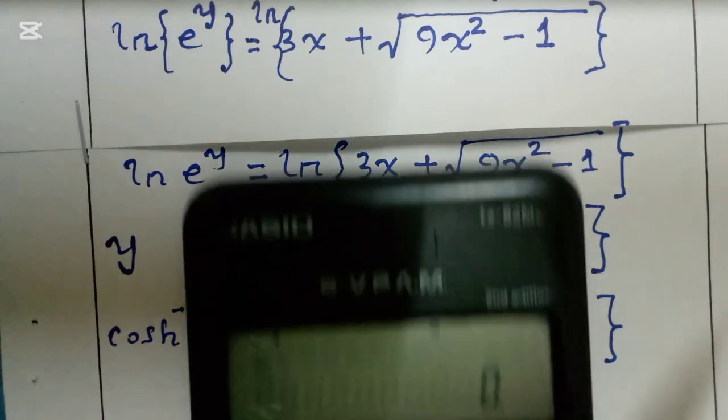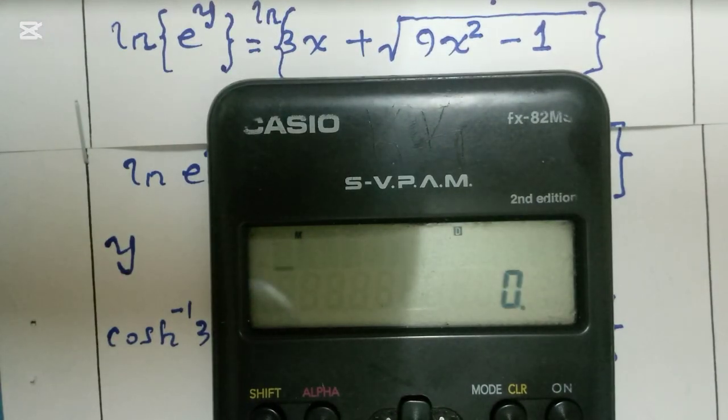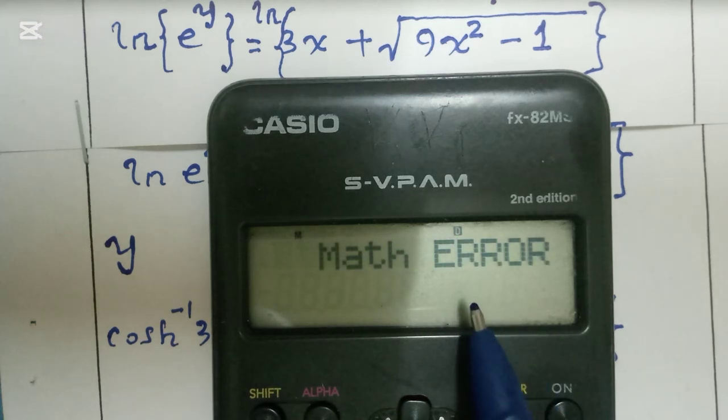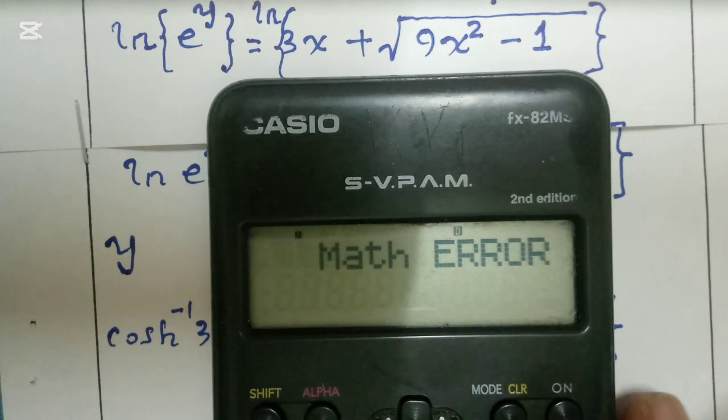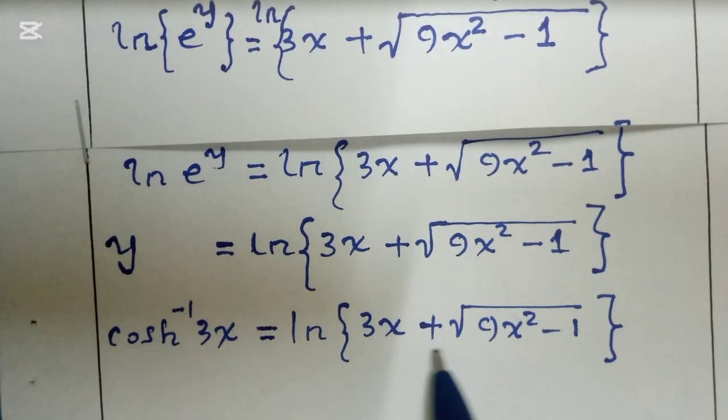For example, guys, we can have ln of a negative, let's say of any number, 0.5, and see what we shall get. Guys, you can see it becomes a maths error. And so guys, that's why we were not able to include the negative sign.